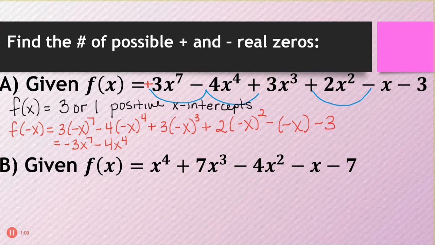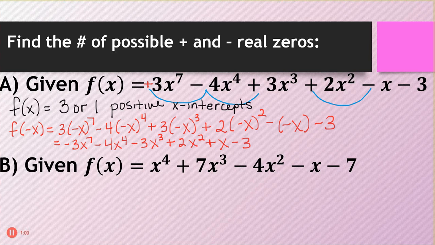So odd exponents will change the coefficient. Even exponents, the coefficient stays the same. And also keep in mind, this is to the power of 1, so that is going to change that to a positive x and then a minus 3.